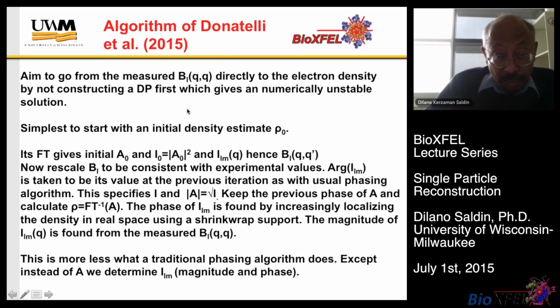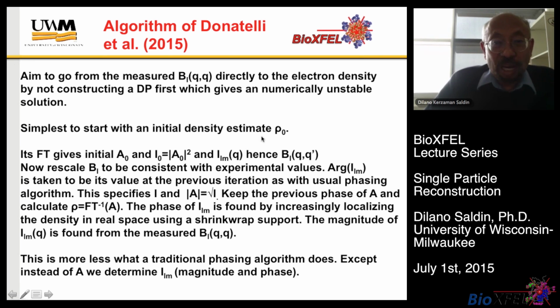So the idea is to start with an initial density estimate, let's say rho 0, which can come from the icosahedral approximation, and then take its Fourier transform. This will give an initial value of the amplitude. Now, the modulus square of the amplitude is the initial value of the intensity. And hence, we can calculate the spherical harmonic expansion coefficients of the intensities, and hence, we can calculate B.